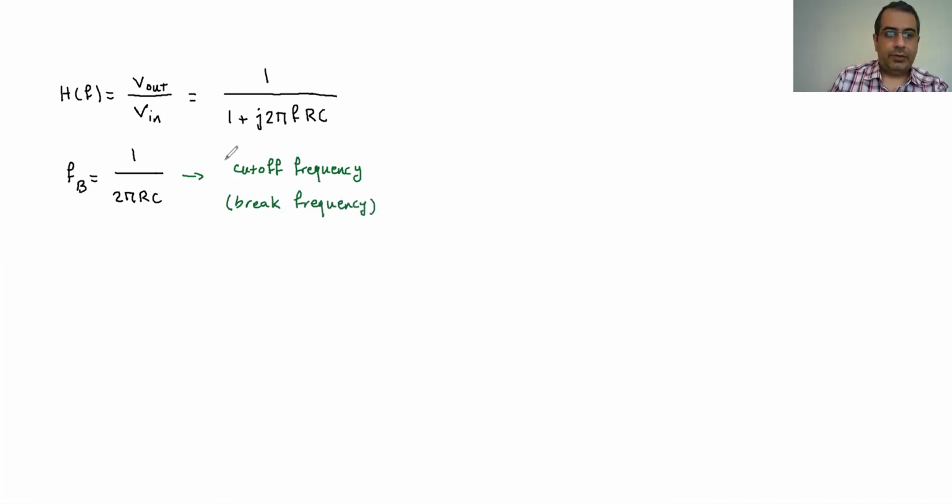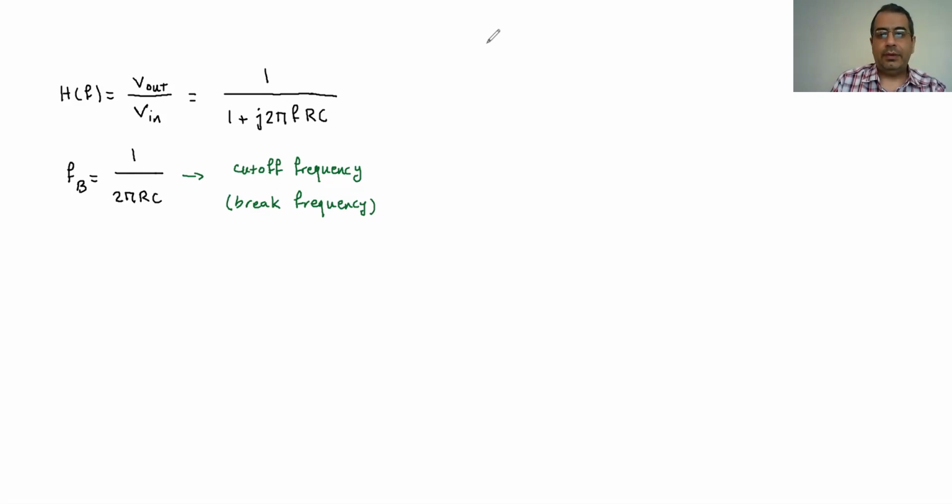So FB is 1 over 2 pi RC, which is going to be the frequency that I want to be my cutoff frequency. In other words, everything less than FB passes through, and everything larger than FB is going to be removed.